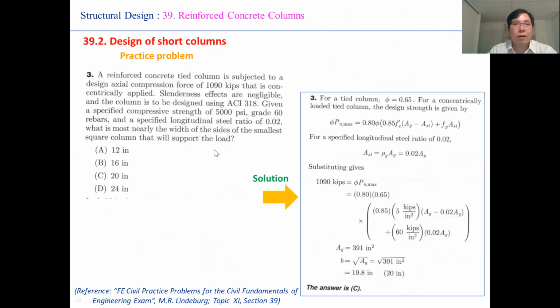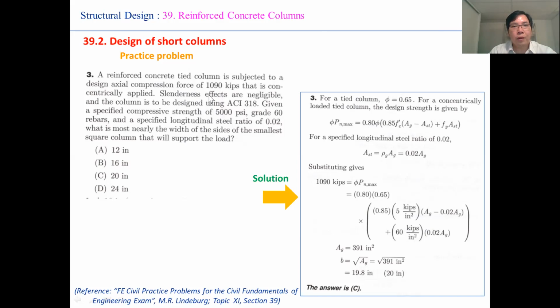So I show you in this slide another practice problem. You can see in detail. A reinforced concrete tie column is subjected to a design axial compression force of 1090 kips that is concentrically applied.